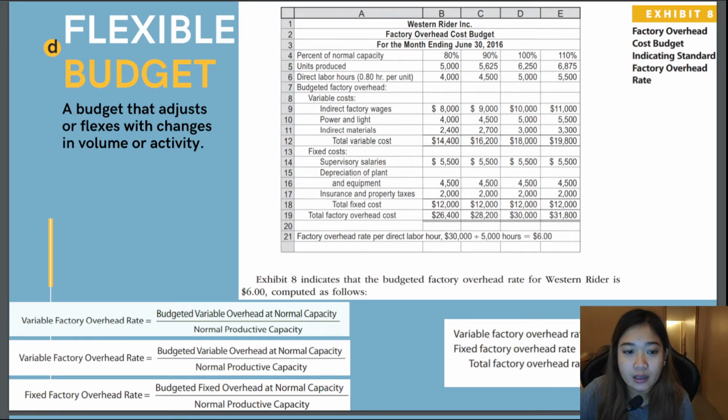for analysis purposes, we get the variable factory overhead rate and the fixed factory overhead rate.